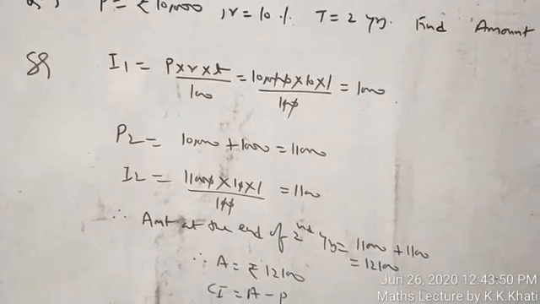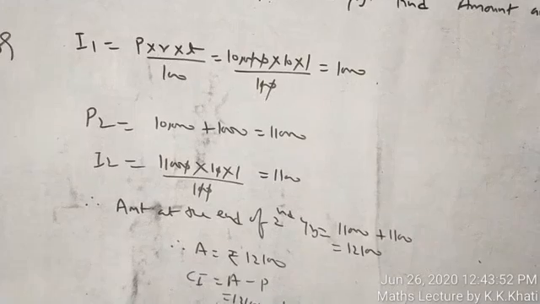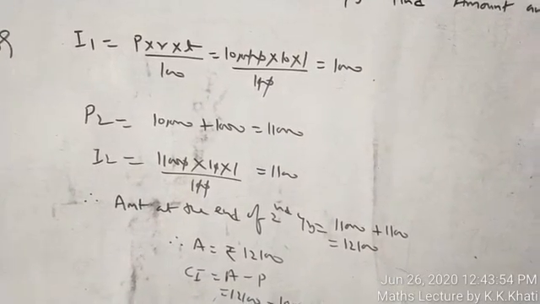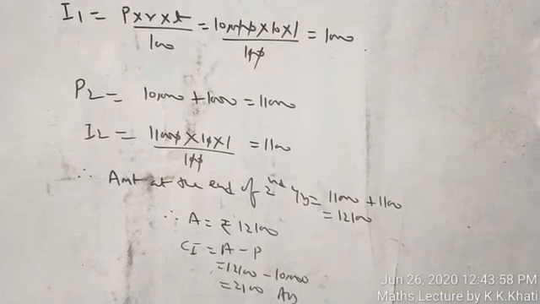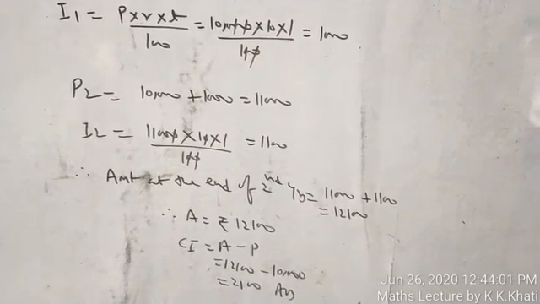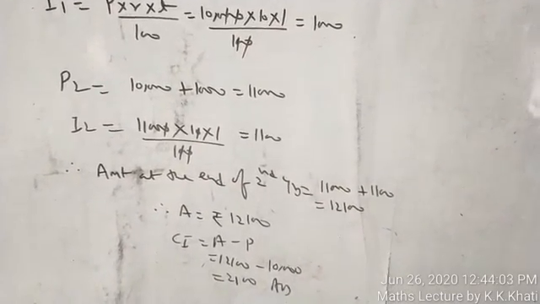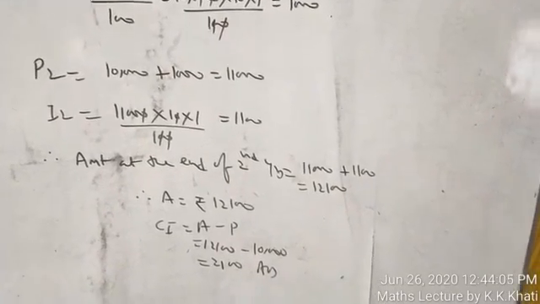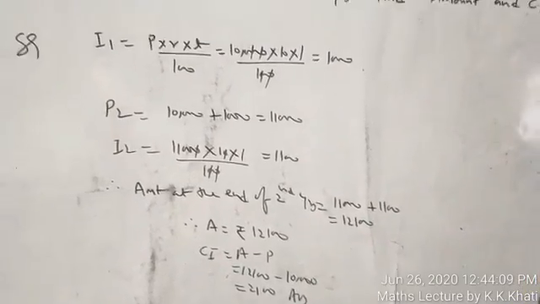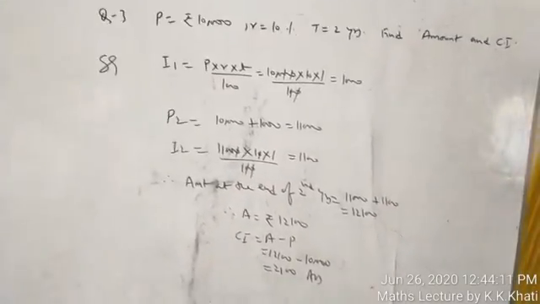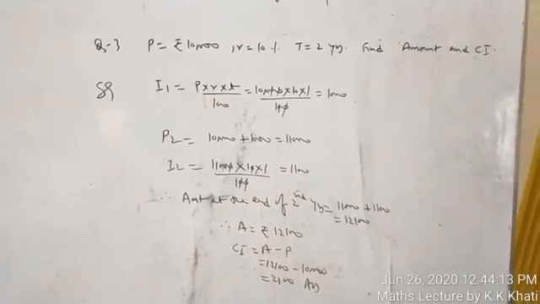So the amount at the end of the second year will be 11,000 plus 1,100, that is 12,100. After that, the compound interest can be calculated with the help of amount minus principal. So it is 12,100 minus 10,000, which is 2,100. This is your compound interest. So this is the long method which we have discussed on the basis of compound interest.